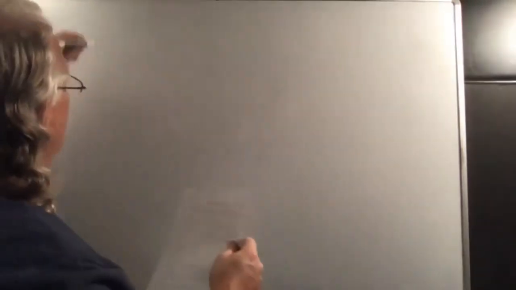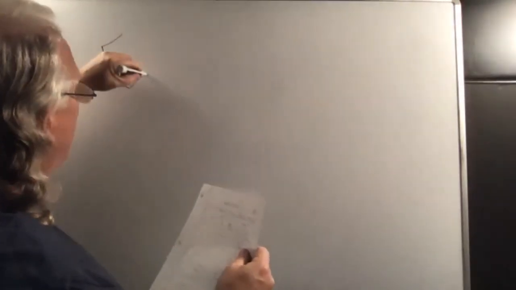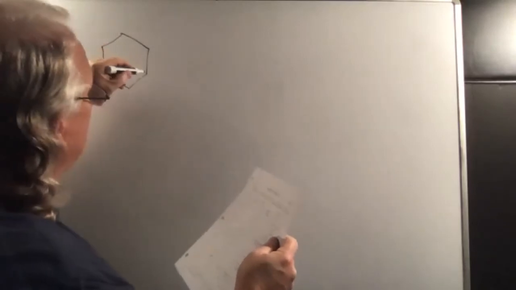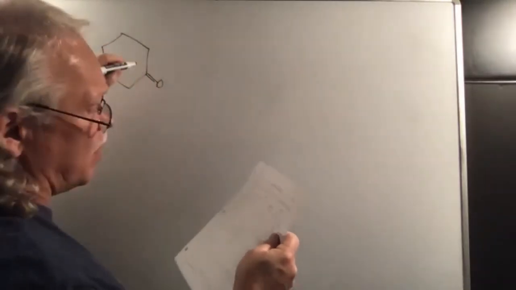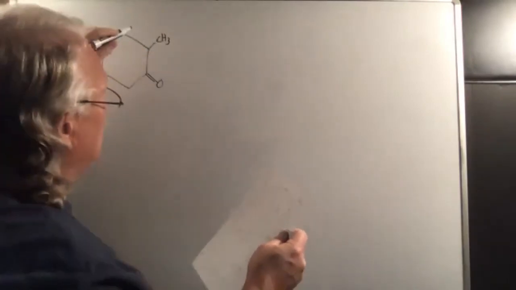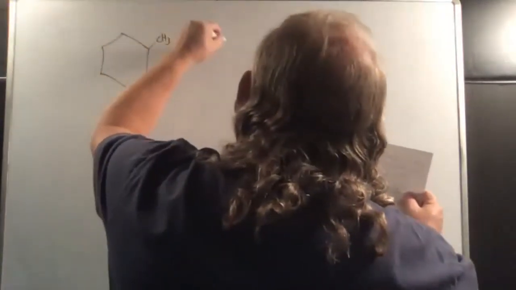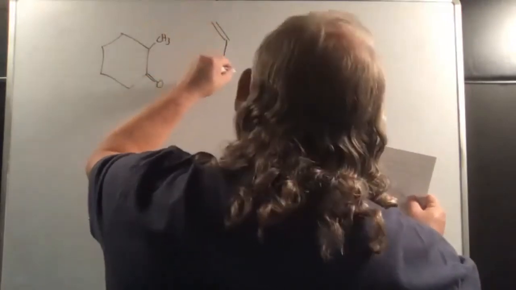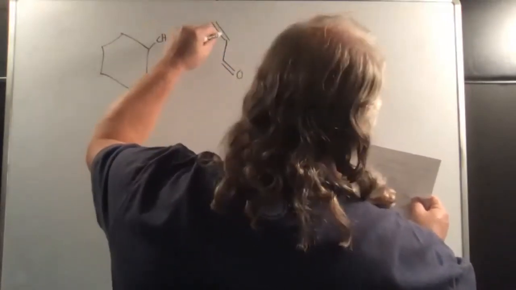Now I'm going to tell you there's a trick to the Robinson annulation. And here's the trick to it. No matter what compound you have, okay, it's going to have a C double bond O group attached to it. This one happens to have a methyl. And it's going to react with a conjugated system.